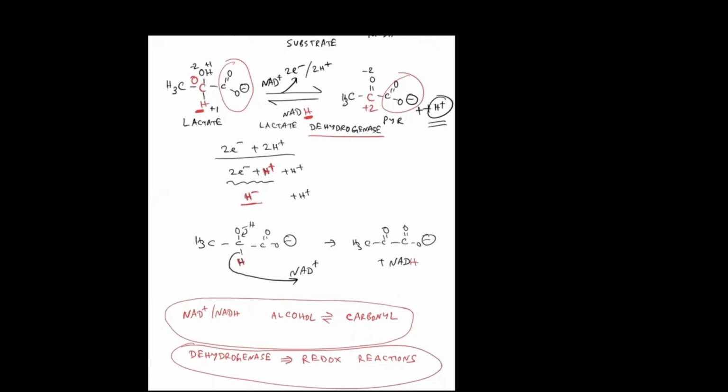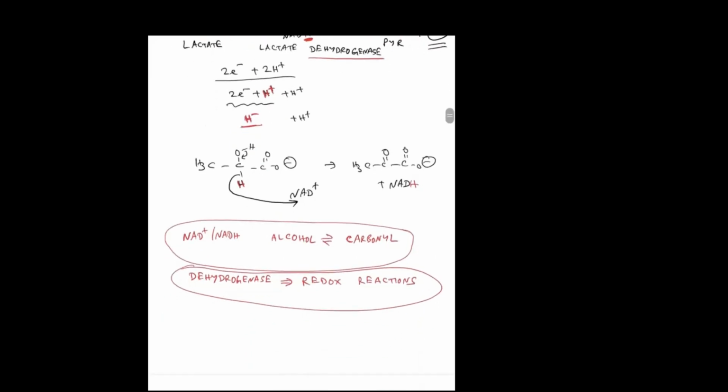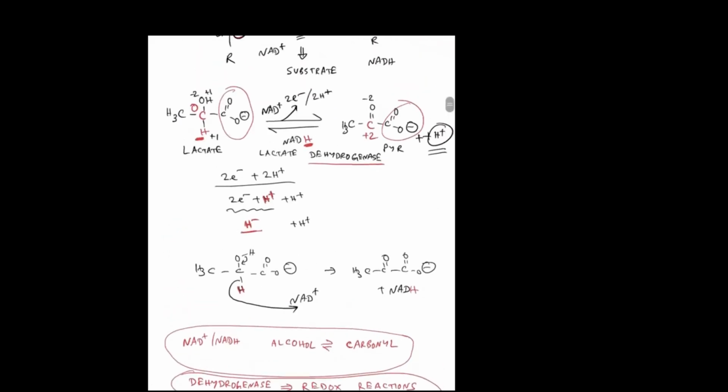Right? Everybody with me? So just some of the things to remember is that NAD plus NADH is a 2-electron process. It's a hydride. Always it is involved, and it will be an oxidation reduction process. And the enzyme that does this is going to be a dehydrogenase, and that dehydrogenase always does an oxidation reduction process. Makes sense? But the enzyme cannot do it on its own if it doesn't have NAD plus or NADH. So basically you need the enzyme to position the substrate, in our case lactate, and then the enzyme helps remove that H as a hydride and give it to NAD plus to make NADH.